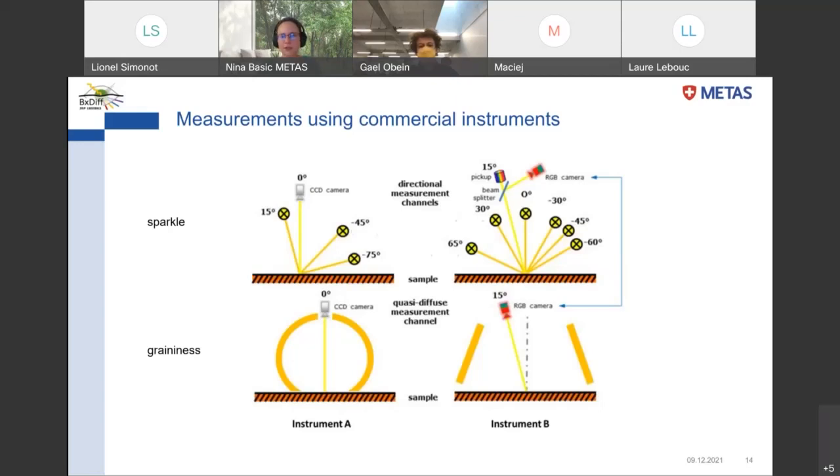So at the moment we have two different companies that are making devices that can measure sparkle and graininess. Here we have a very simplified schematic of the instruments, and we can clearly see that there are some differences between the two devices, but both can pretty much measure the same thing.